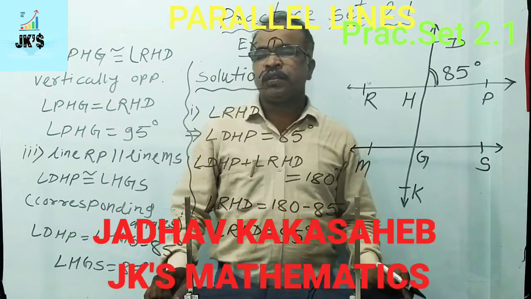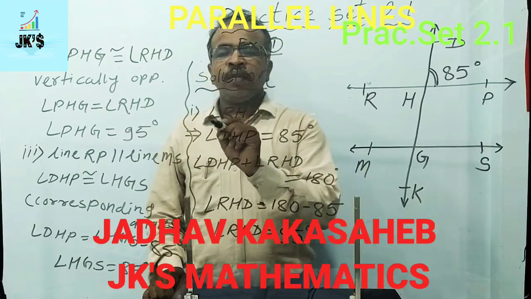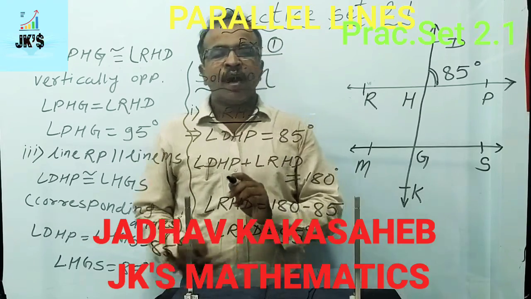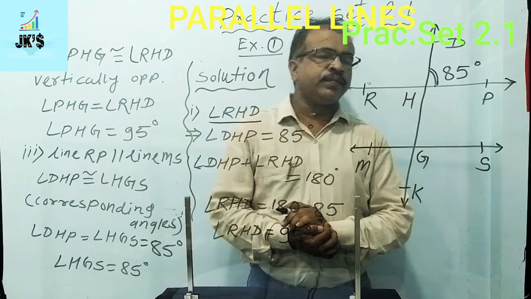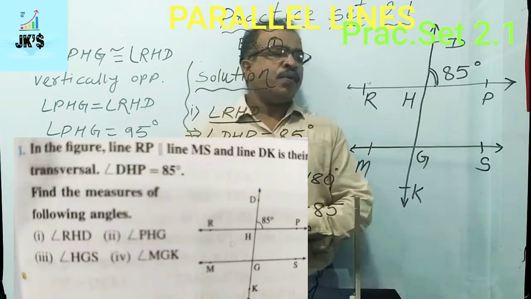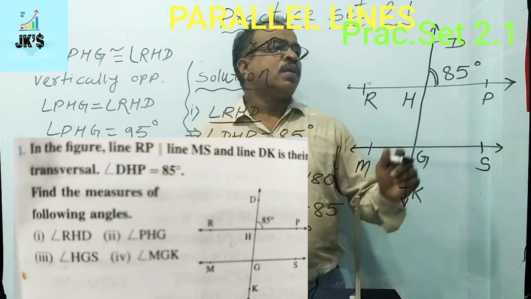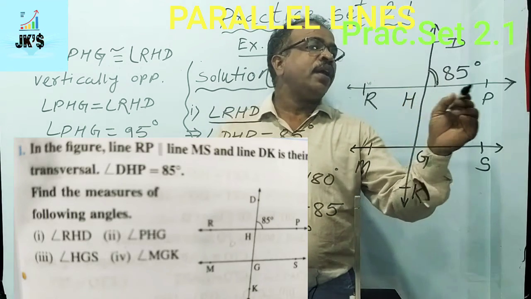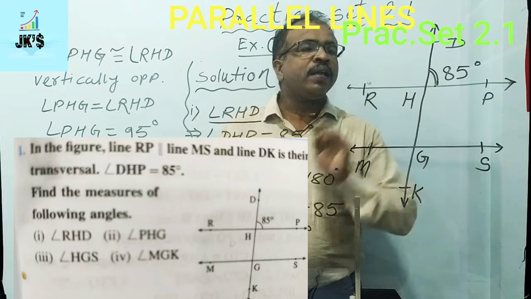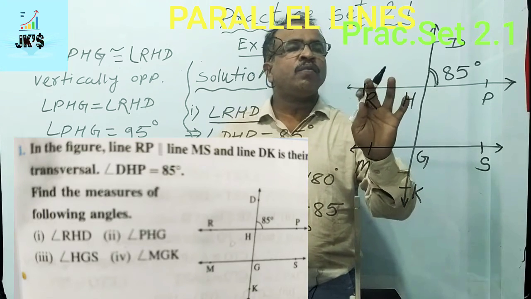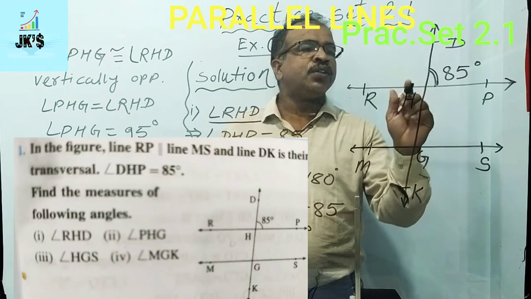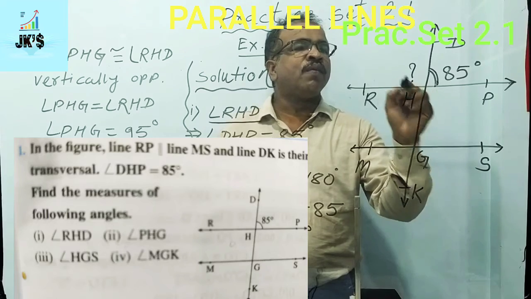The first is find the measurement of angle RHD. When we see this figure, angle DHP is given as 85 and we have to find angle RHD, means we have to find this angle.